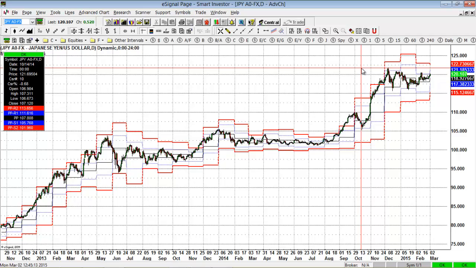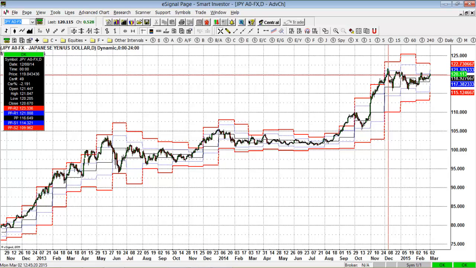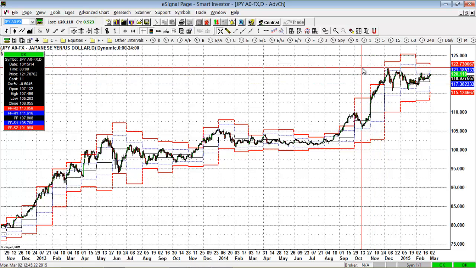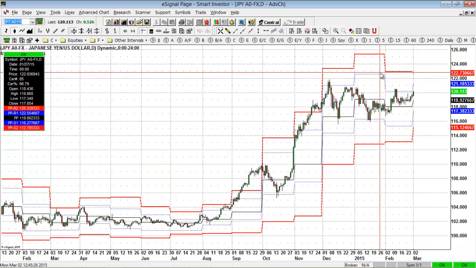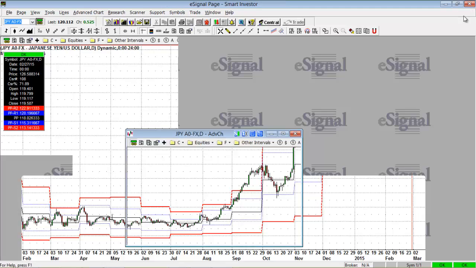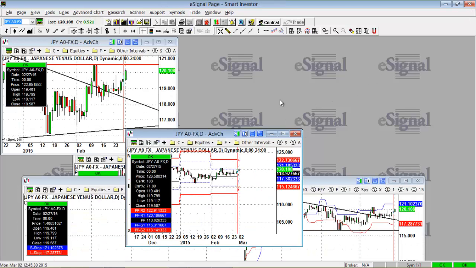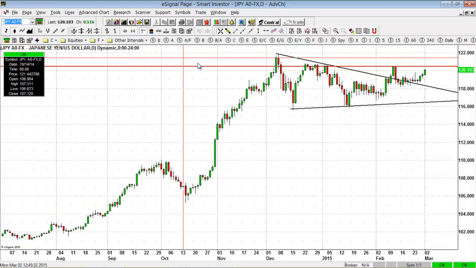So it doesn't really coincide with the high here in the Japanese yen near that 121 level. So we will see if we get a sell signal up near this pivot point. Okay, that's how we take a top-down look at the markets.